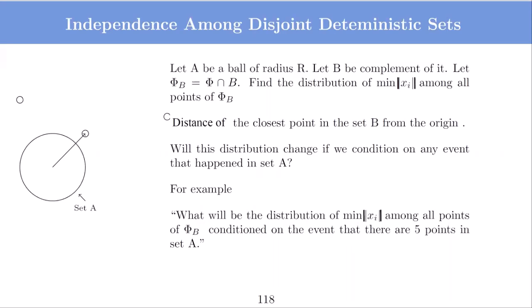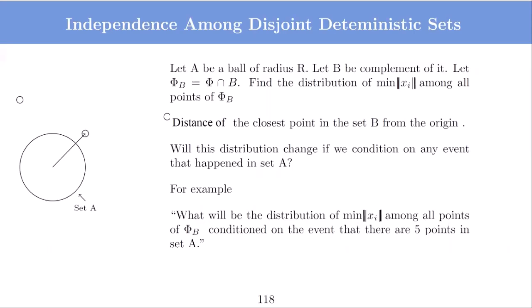Remember, phi is a set of points, and intersection with B means you are only taking points which are in B. So phi_B is nothing but the PPP, but you exclude the points which are not in B. And someone asks you to find the distribution of the minimum of the norm of xi among all points of phi_B. The norm of xi is the distance from the origin, and minimum means you want the one closest to the origin.